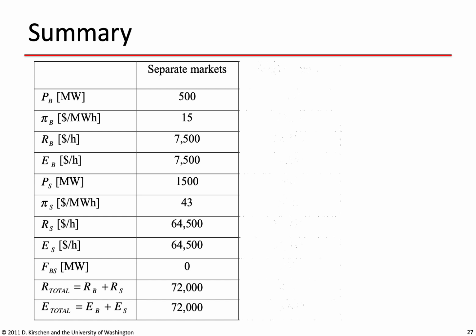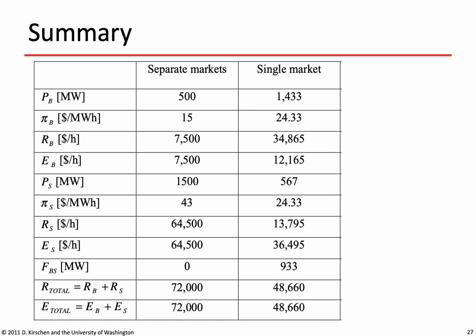The next thing that we need to consider is a single market where there are no limitations on the amount of power that flows through the interconnection. In that case, we saw that the Bordurian producers at this market equilibrium would produce 1,433 megawatts, and that the price in this single market would be $24.33 per megawatt hour.